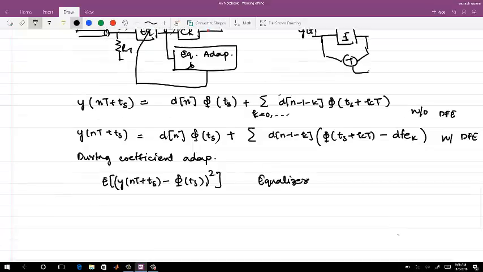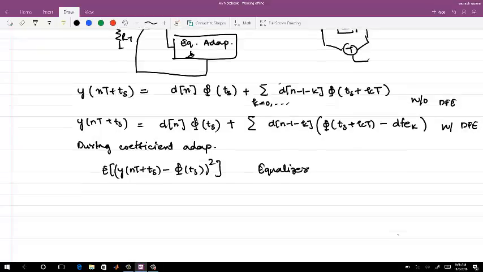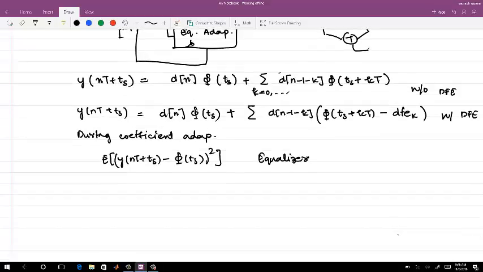But in this case, this is only the equalizer part. The other part is that we are also locking the clock. So what is happening at the clock? Let's see, y(nT + Ts - T/2). Now this is a bit more involved equation.